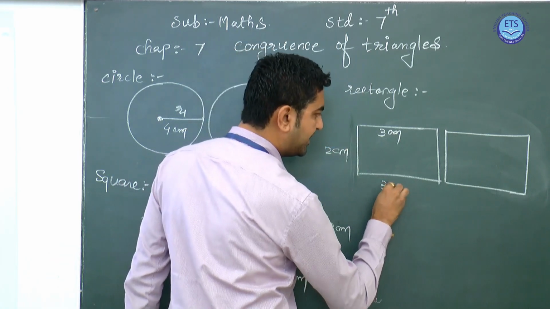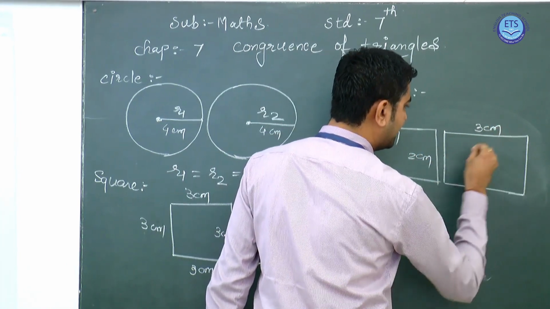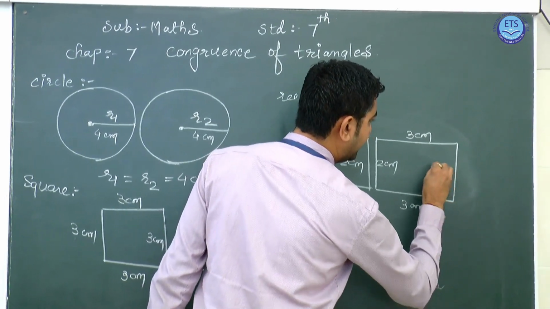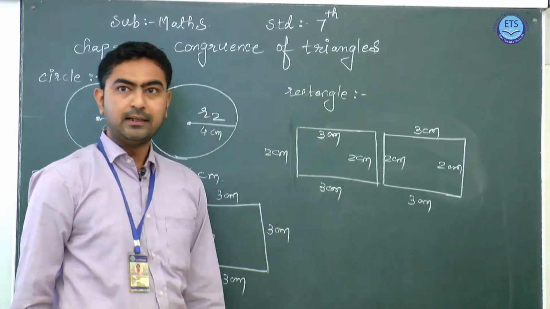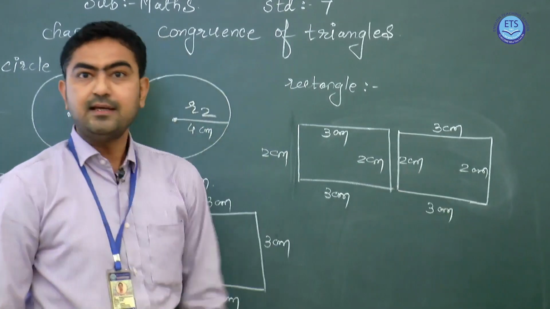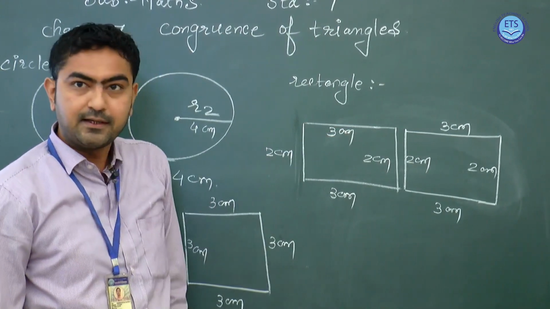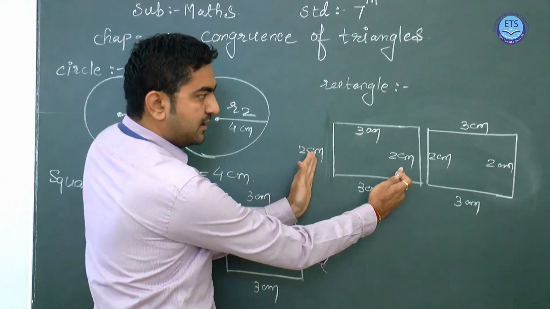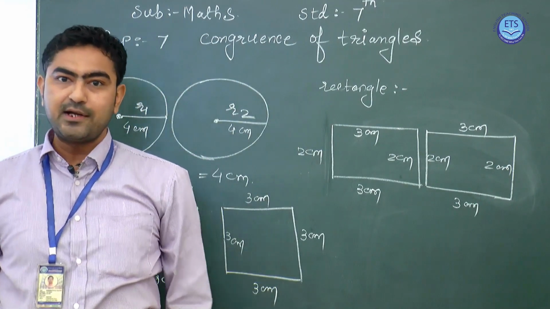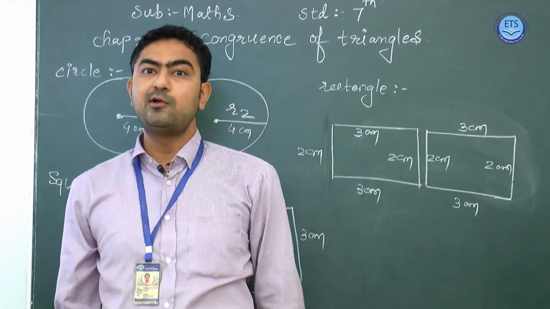In this particular figure, the two rectangles are the same. If one of the rectangles is superimposed on the other rectangle, in that condition you can say that these two rectangles are said to be congruent.